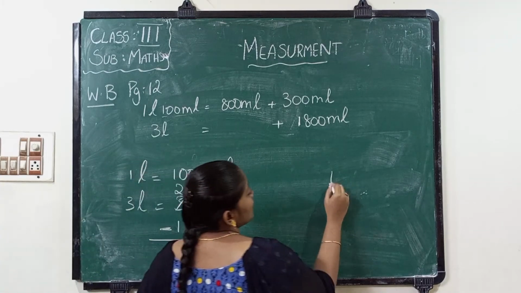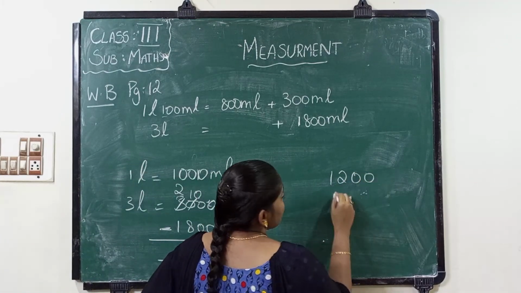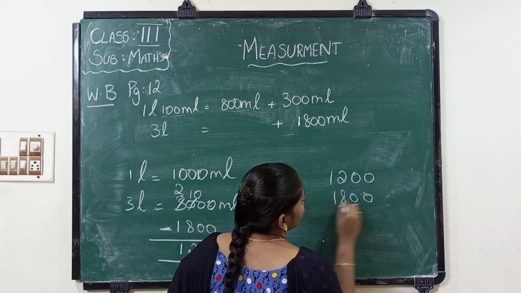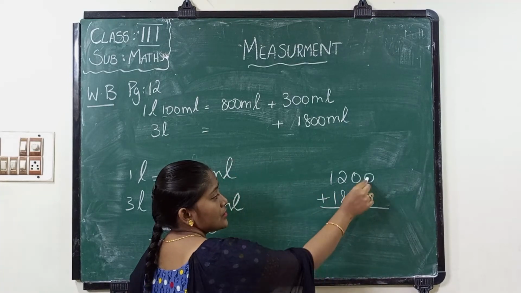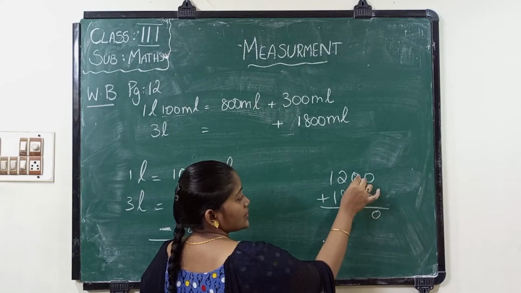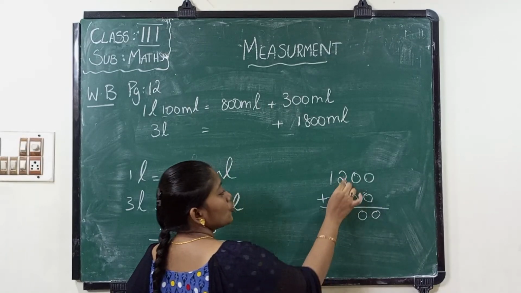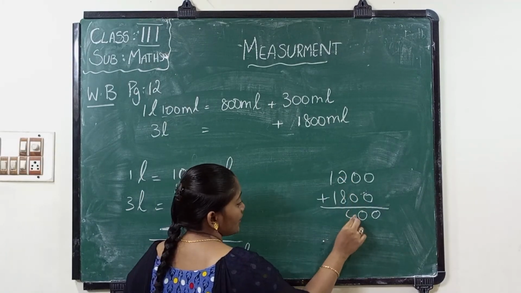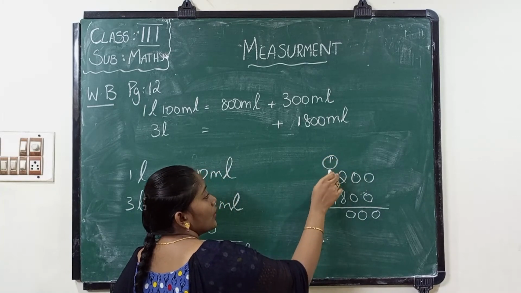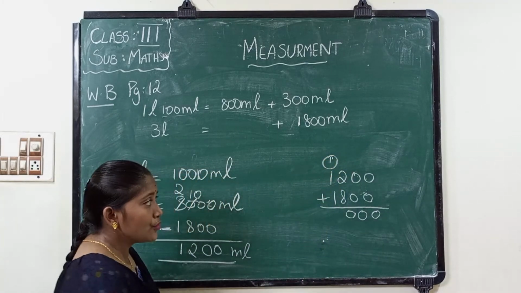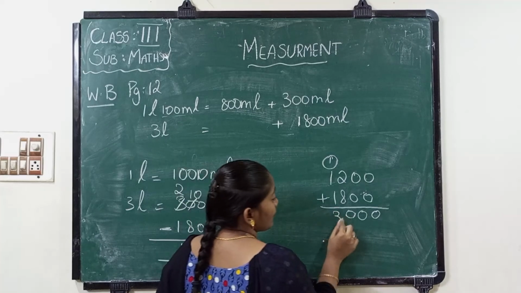If I add 1200 ml plus 1800 ml, see what will happen. 0 plus 0 is 0, 0 plus 0 is 0, 2 plus 8 is 10, so 1 carry over here, 1 plus 1 is 2, 2 plus 1 is 3.